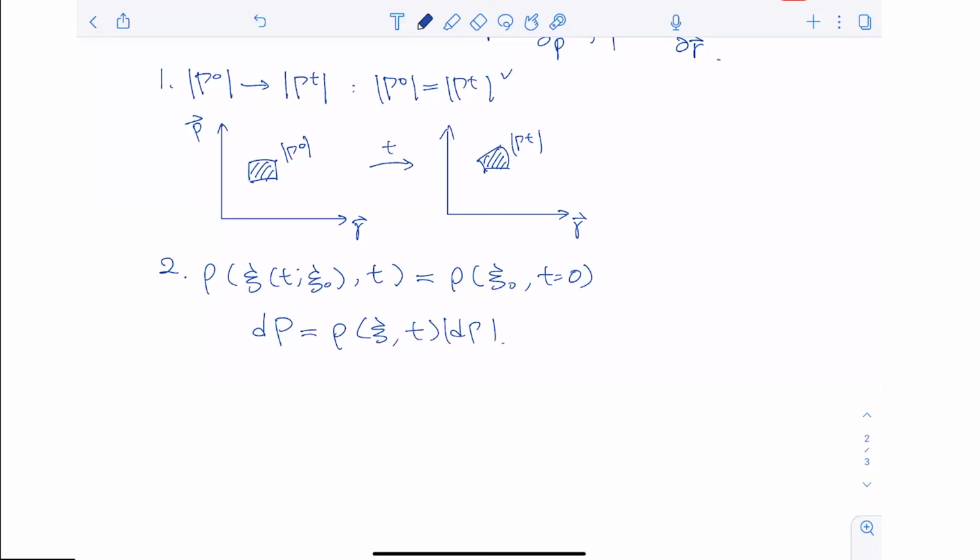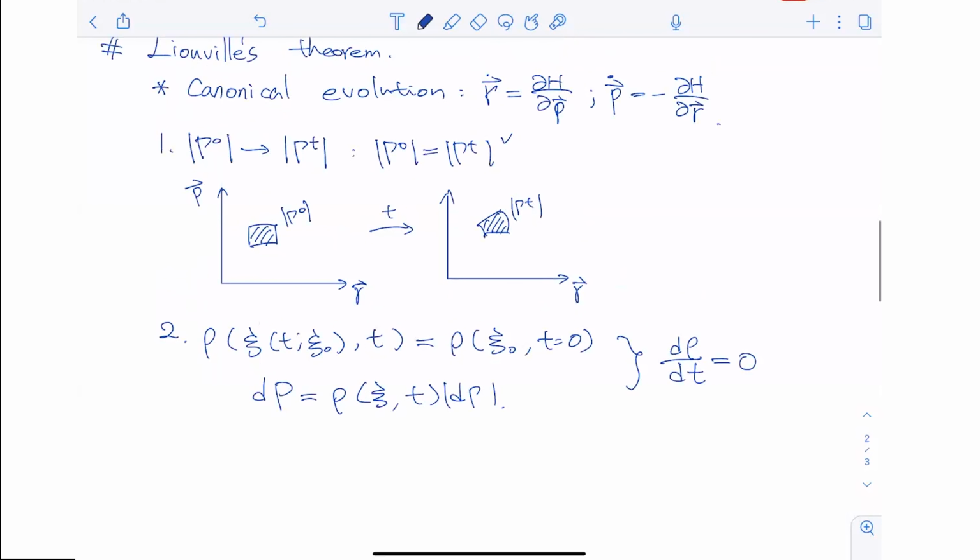Okay. And this also suggests, if you write it in a mathematical way, that the total derivative of your probability density will actually be 0. Okay. So these two properties are actually equivalent statements.